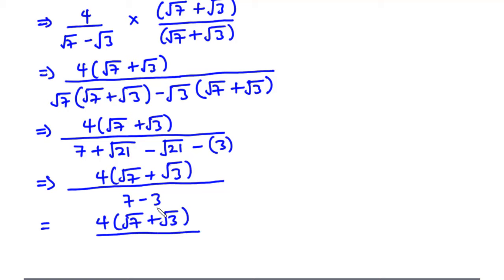Now 7 minus 3 is 4, and then 4 cancels out 4, so we have the final answer to be root 7 plus root 3. That's very simple. Let's solve our third example.